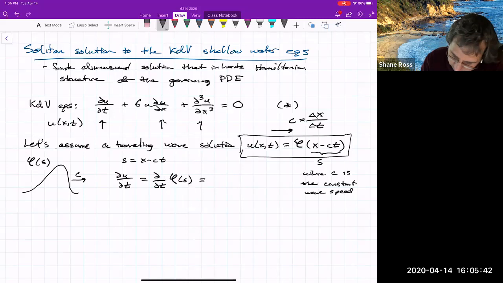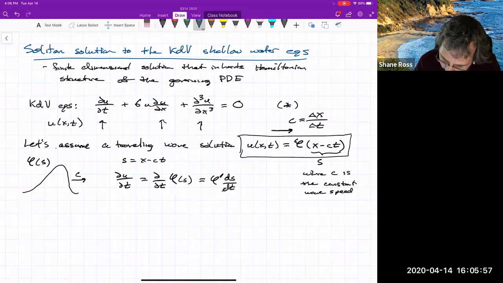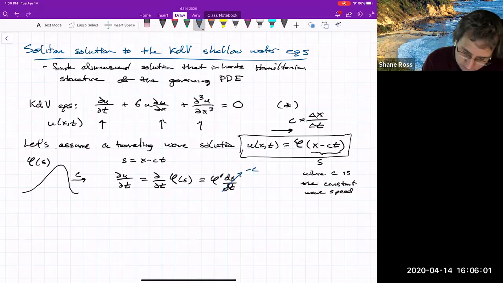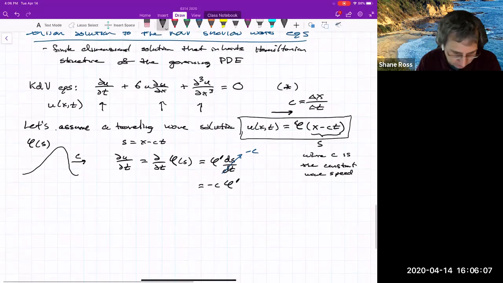So this just becomes phi prime, right? The derivative of phi with respect to its argument times ds dt. And what's ds dt? It is negative c. So we've got negative c times phi prime for that.